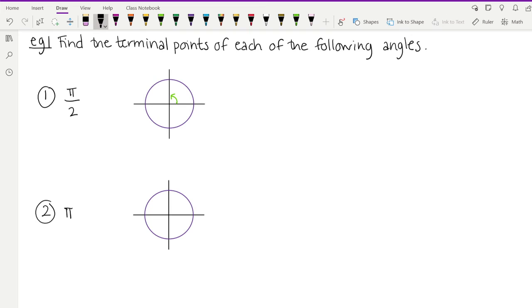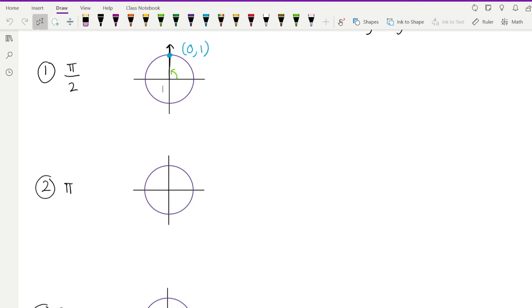And so that would give you a terminal side that is just along the positive y-axis. And so the terminal point, again, is just this point where that terminal side intersects the unit circle. So in this case, that would be the point 0, 1. Right? Because we know that the radius is 1, so that has to be the point 0, 1.